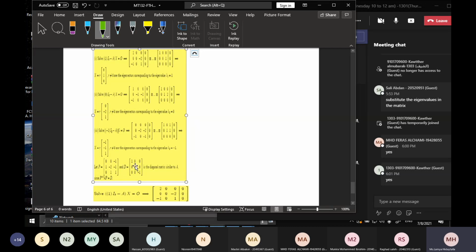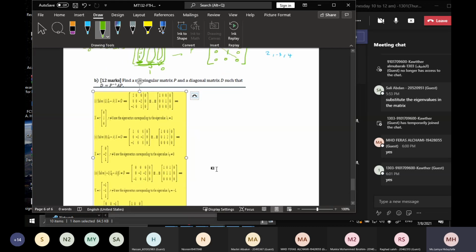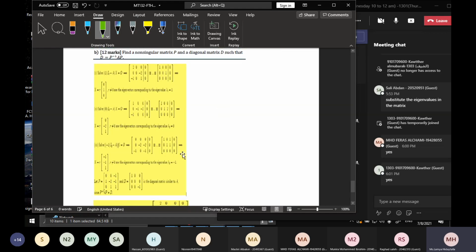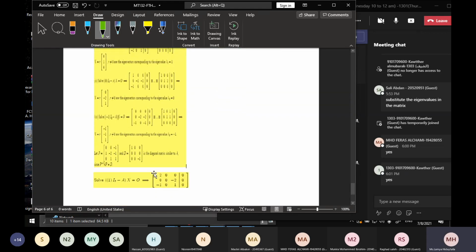Now, if he wants you to find D, what do you do? Because he told me that the matrix P is non-singular, that means no need to test what you got. You're quite sure that it is non-singular. That means a P inverse exists.